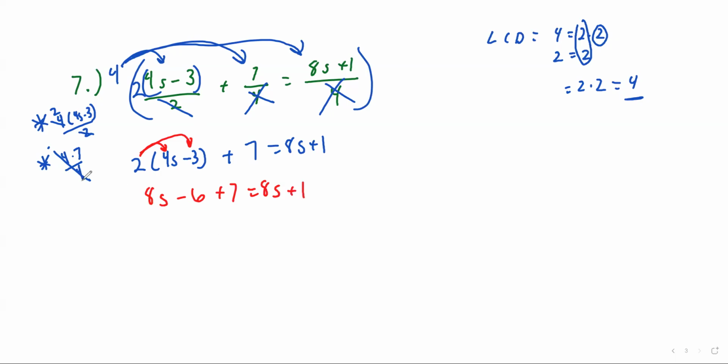Combine like terms. 8s, negative 6 plus 7 would be plus 1, and then I get 8s plus 1. All right, I didn't do that on purpose, but this happened again: the exact same expression on both sides. So the answer here would be all real numbers.